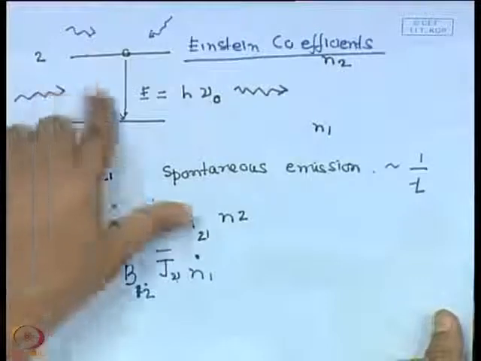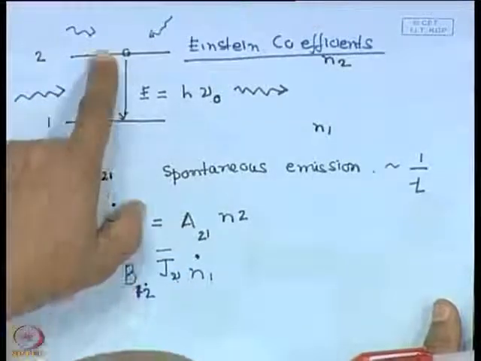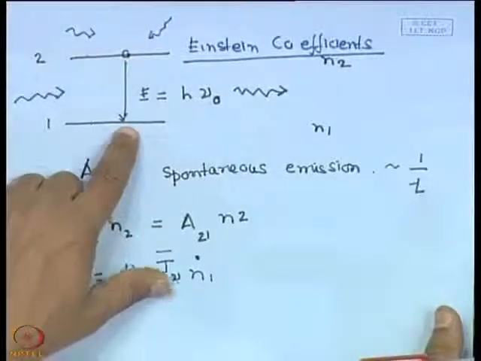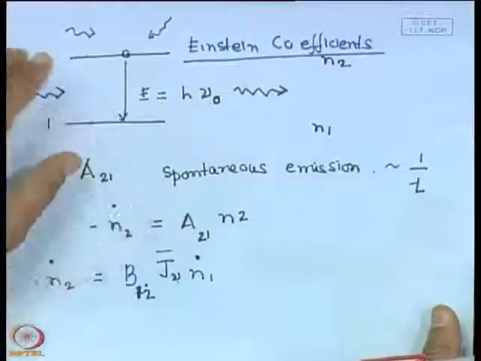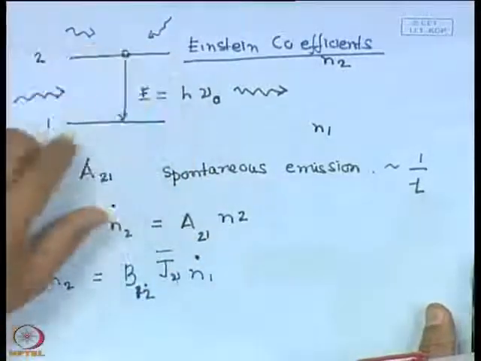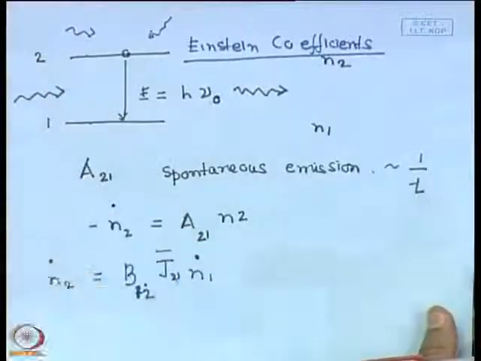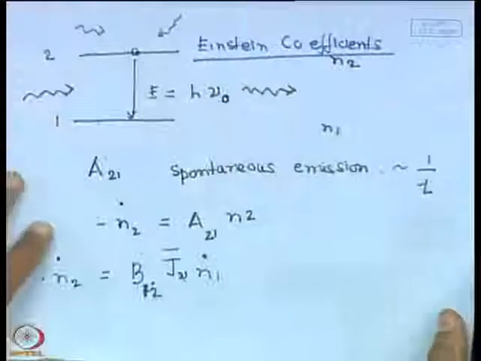So, if you have incident radiation, the absorption where particles go from here to here is more, the emission is less, and the net effect is that the two-level system absorbs energy from the incident radiation, or it is in equilibrium with it.